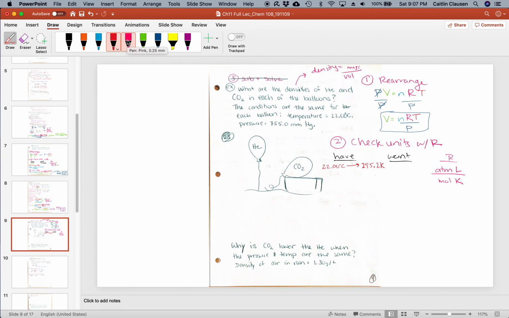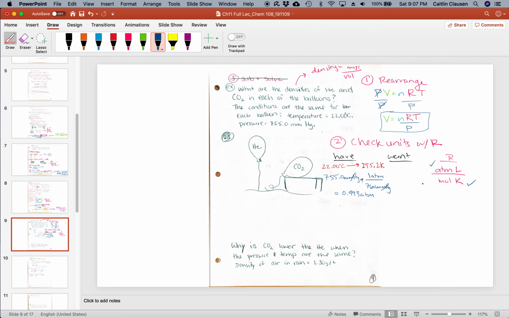So for the pressure, we have 755.0, 760 millimeters of mercury on the bottom, so I want those to cancel for every 1 atmosphere. And that's going to give you, again, to proper sig figs, 0.993 atmosphere. So we've got atmosphere now after conversion, Kelvin after the conversion.